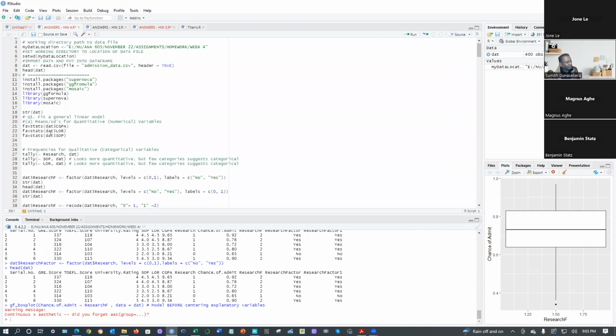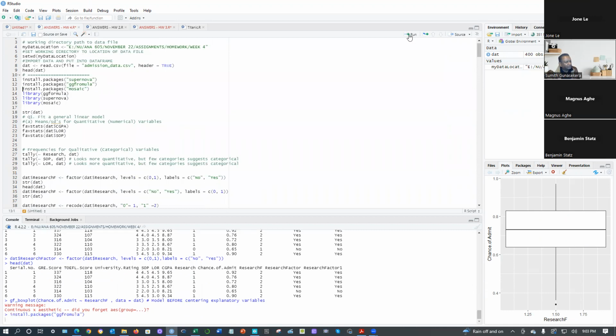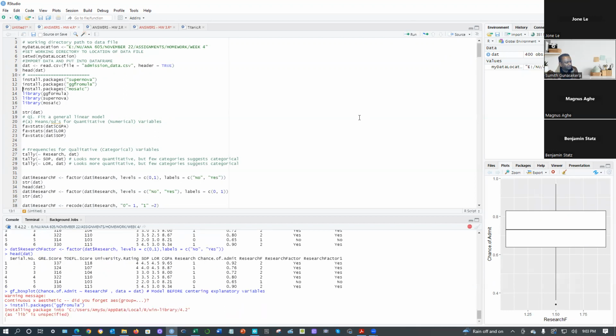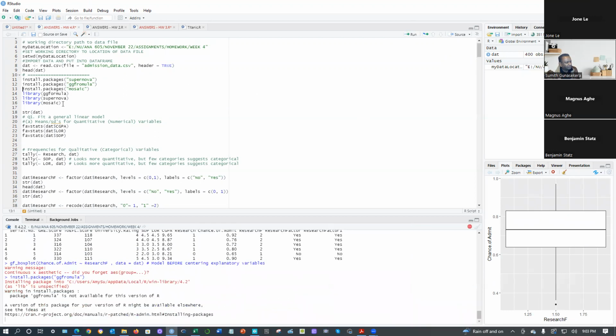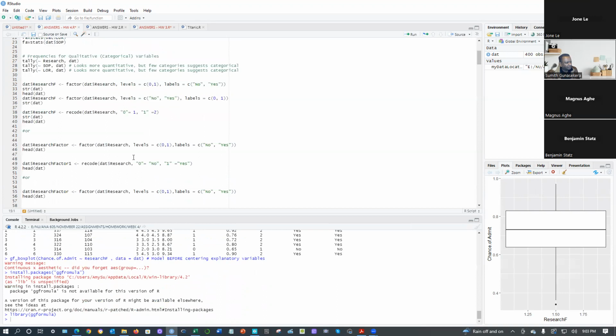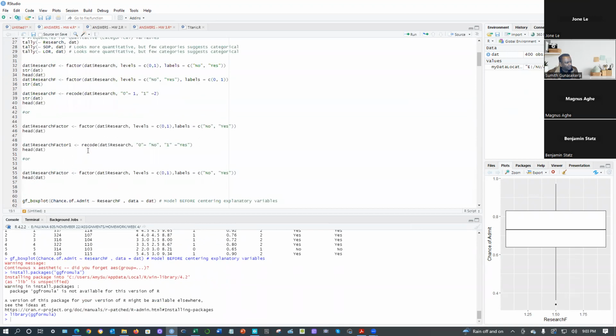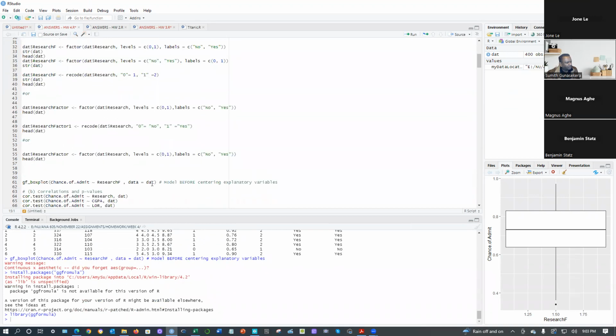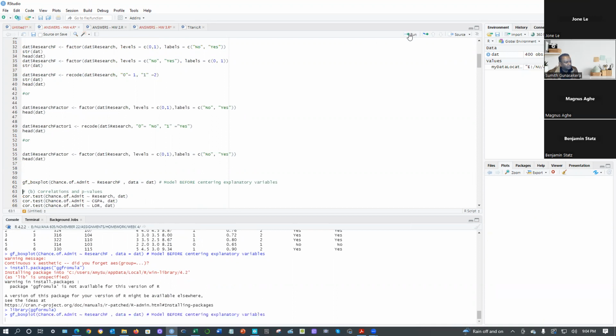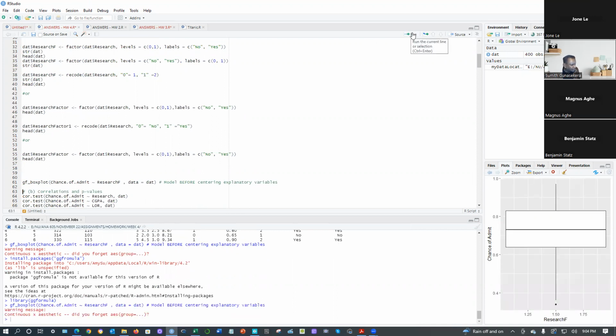Yes, we are missing this one. Boxplot. What happened?